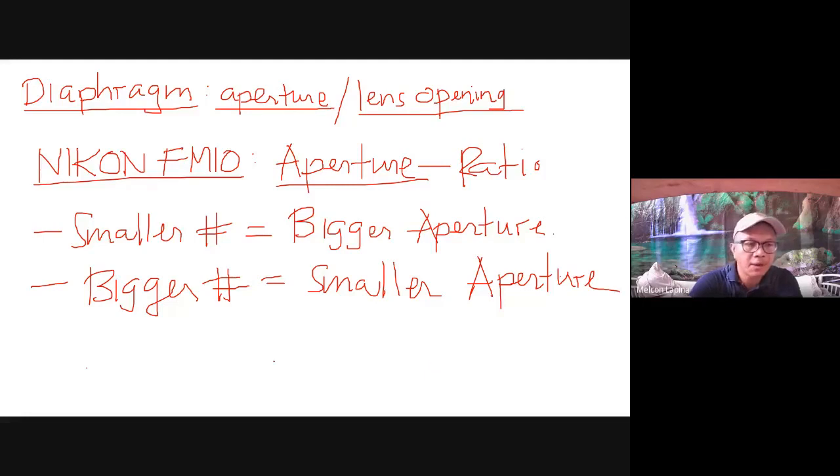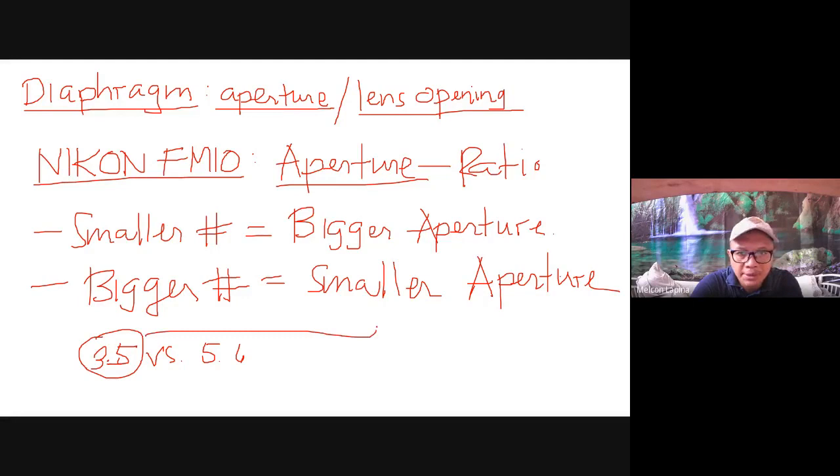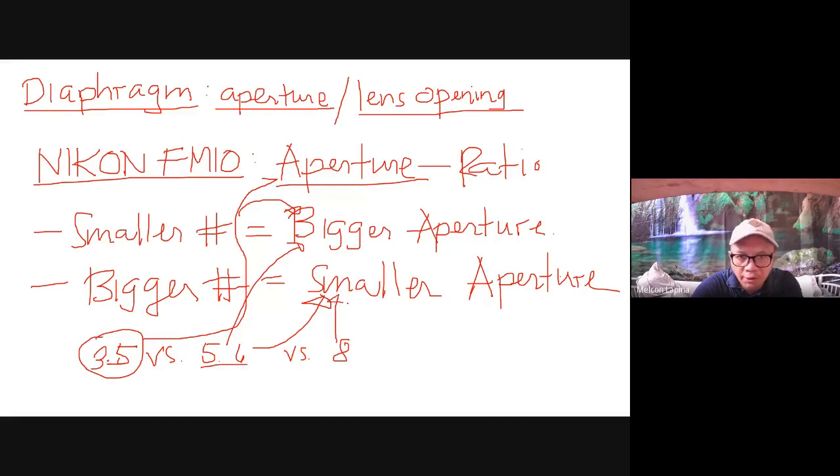Kaya naman, kung i-compare natin ang 3.5 dito sa 5.6, masabi natin na ang 3.5 ay bigger. Bigger ang aperture. Ito naman siya, smaller ang aperture. Kung i-compare natin ang 5.6 sa 8, ito siya ay bigger. Ito siya ay smaller.